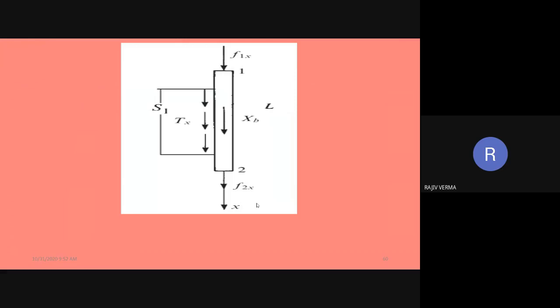Then there are certain loadings on the element. We have point loads at the two ends, acting at the two nodes, given by F1x and F2x. Then there is a surface traction or surface force given by Tx, and there is a body force also, given by Xb.